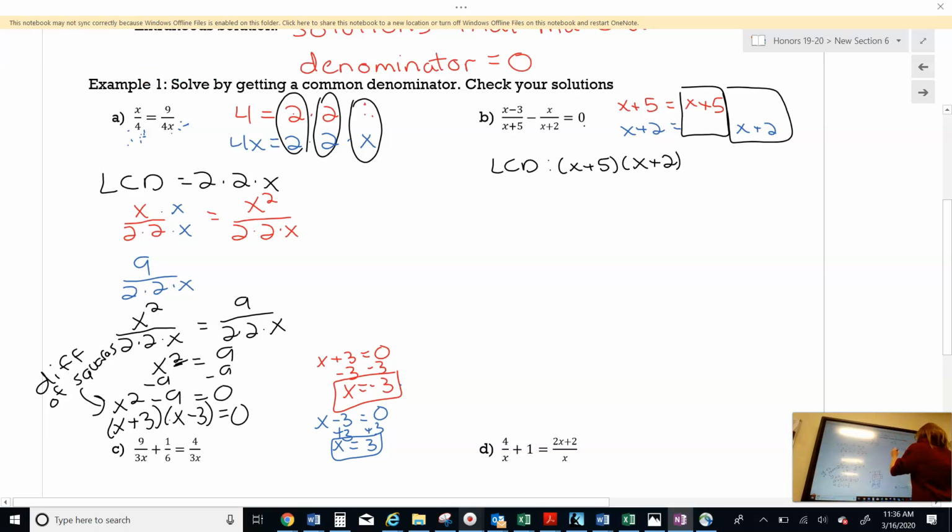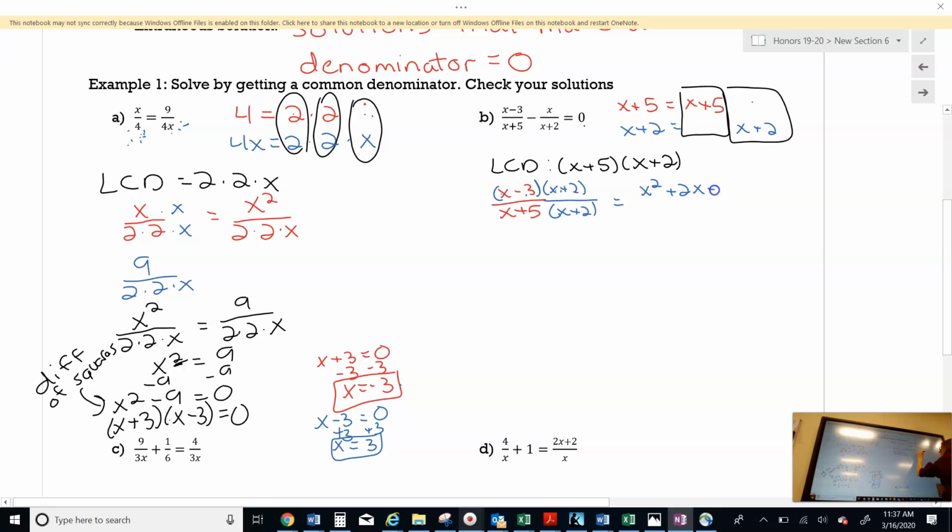So now I have x minus 3 over x plus 5. Well, it's missing that x plus 2. Remember, we have to distribute here. So I have x times x is x squared. X times 2 is 2x.